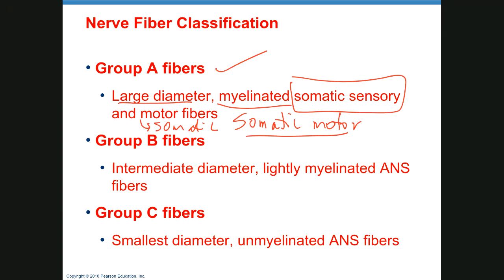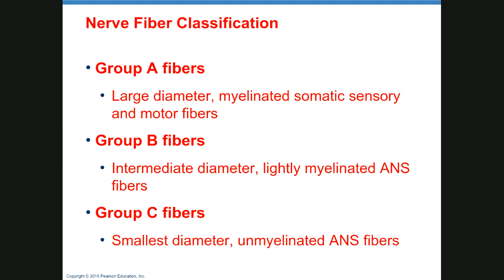Let me fix that here real quick. Okay, so type B fibers are going to be visceral motor and visceral sensory.